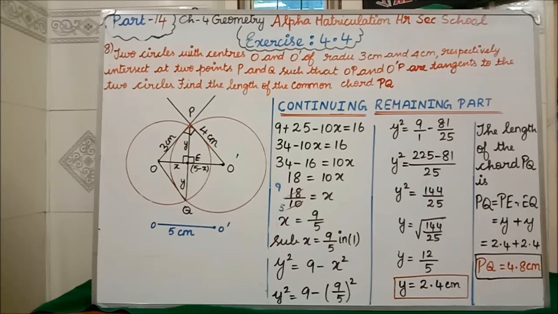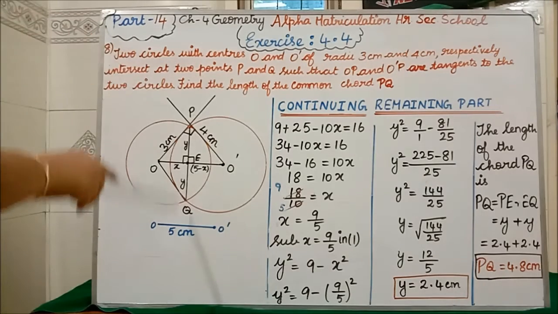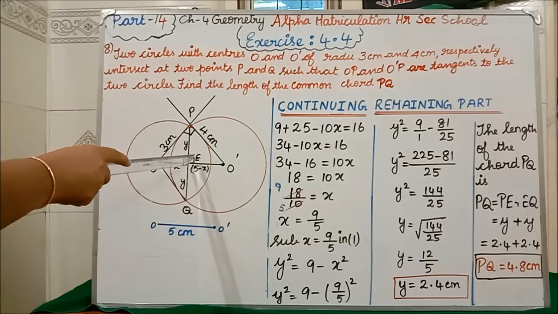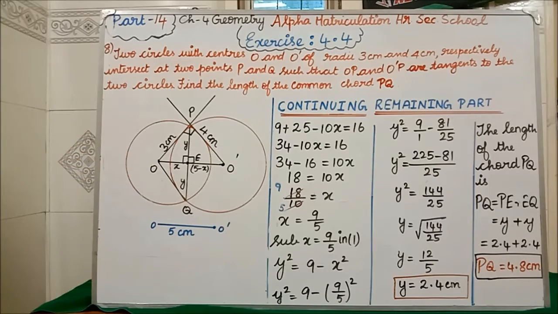Now we have got the y value. Therefore, the length of the chord PQ. How is PQ split? PQ, the full length, is divided into PE plus EQ. Isn't it? That only I have written there.